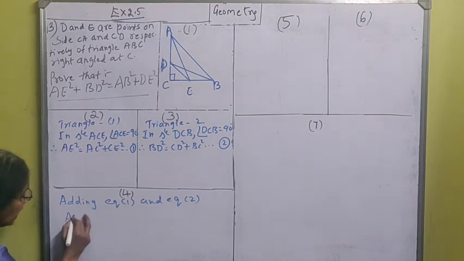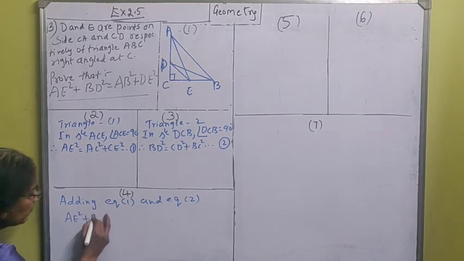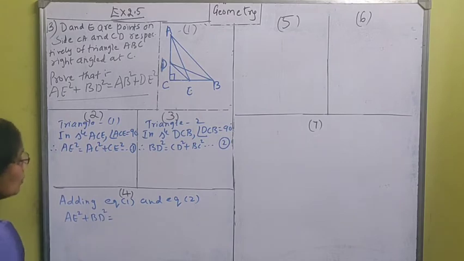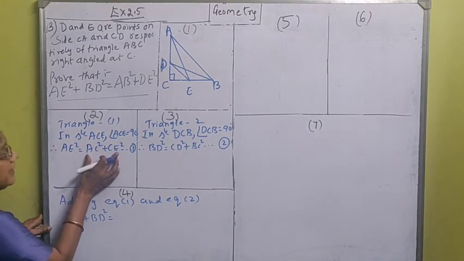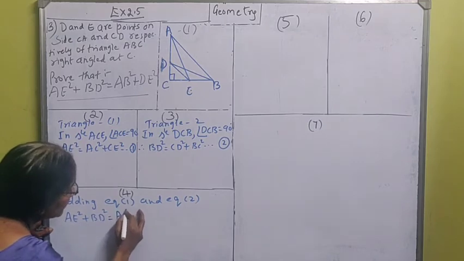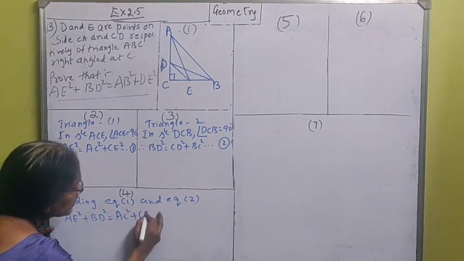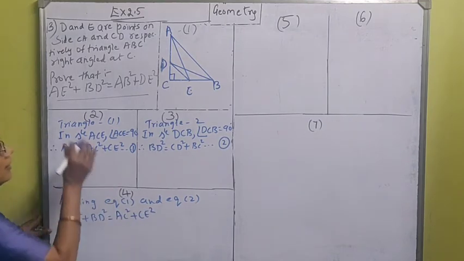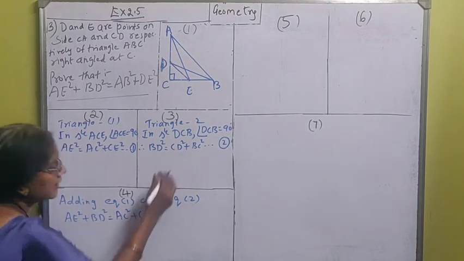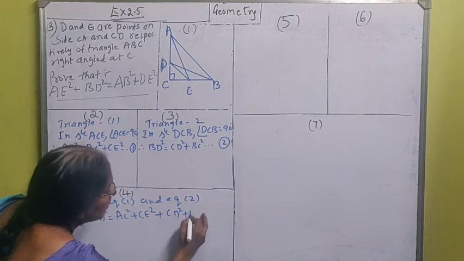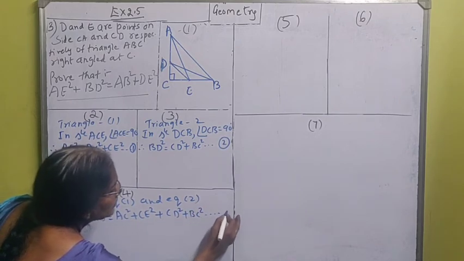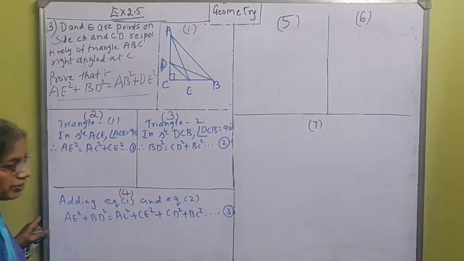So we add that. AE square plus BD square is equal to, what is on the right hand side of the first equation? AC square plus CE square. I will write it as it is. Then the second equation, what is on the right hand side? You have to add CD square plus BC square. So this is your third equation.